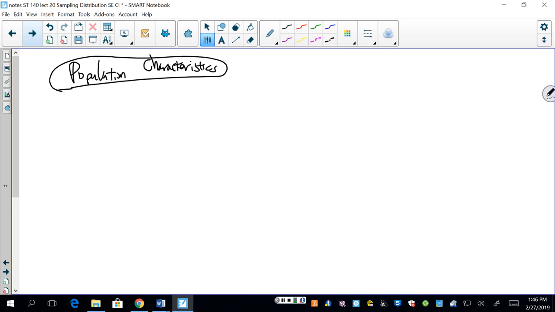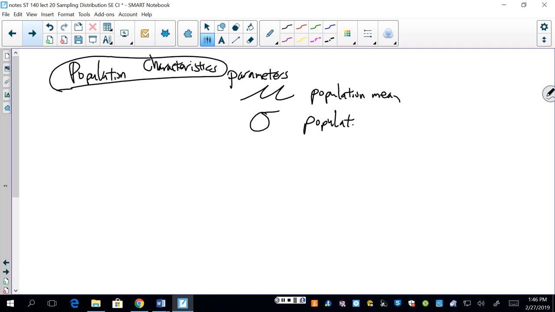Often these characteristics are described by parameters that we would like to know. So mu is the parameter that's often used for population average or mean. Sigma is often used for the population standard deviation.